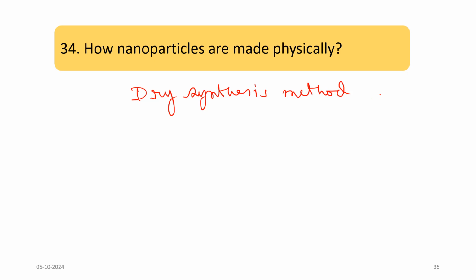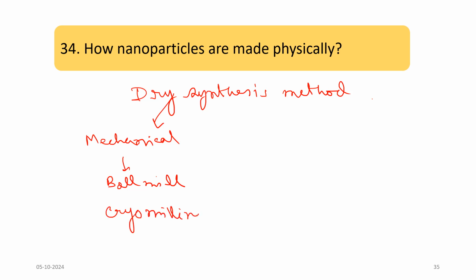And under the other section comes cryomelting, laser pyrolysis, reactive plasma arc evaporation, epitaxial growth, rapid quenching, solidification, ion beam sputtering, hydrogen reduction, etc. There are many. Okay, so these are the main methods of producing nanoparticles in a top-down approach, that is physical methods.